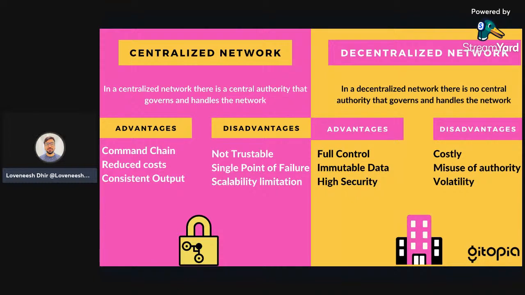But a decentralized network is less prone to censorship because there is no central authority that controls the data. So in the case of decentralization, peers can interact directly, and therefore there is no or less censorship.